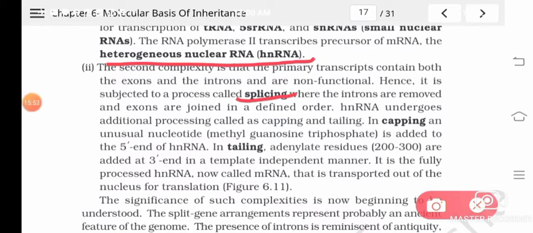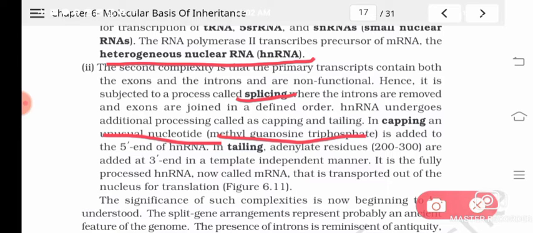So in capping, transcription takes place where? In the nucleus, isn't it? So in the nucleus, when DNA is transcribed, you remember the ribonucleotides you have learned.